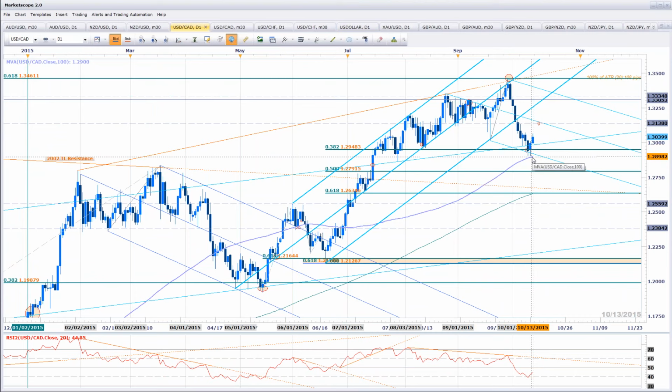We never actually tagged it, but it's an area of which you'd start to look for a turn in price. Momentum just barely dipped below 40 before recovering. So the bearish invalidation level for the broader trade here is 131.38, which is the open for last month. And that also coincides beautifully with the median line parallel of the highs.